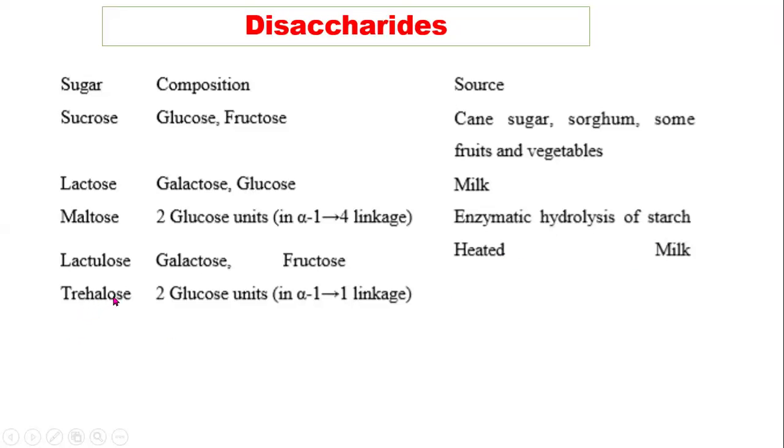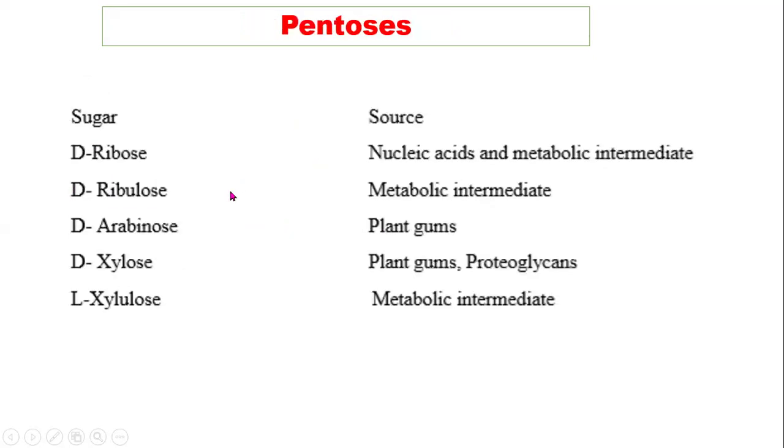There is what we call trehalose, which is two glucose units that are linked by alpha 1,1 linkage. Remember, for maltose, it is two glucose units linked by alpha 1,4 linkage, while in trehalose, two glucose units are linked in alpha 1,1 linkage. Take note of that.